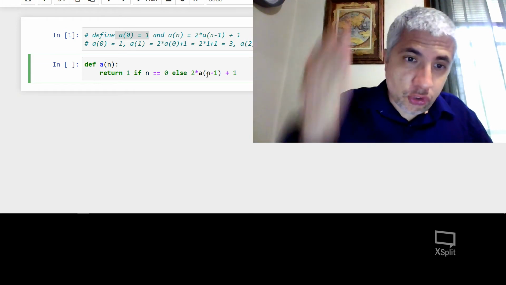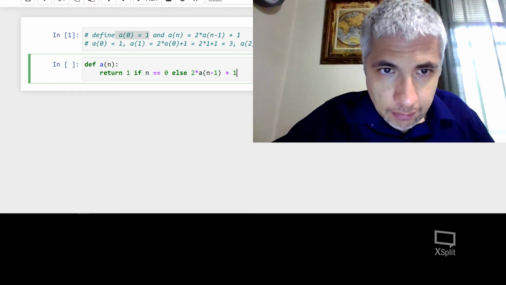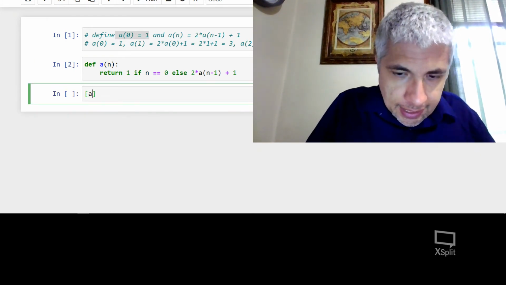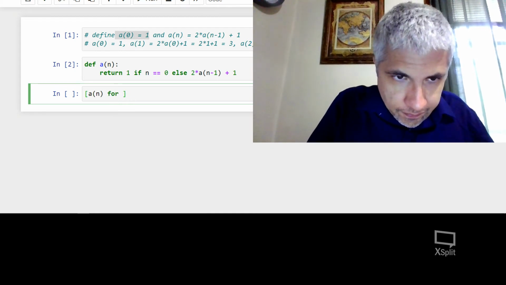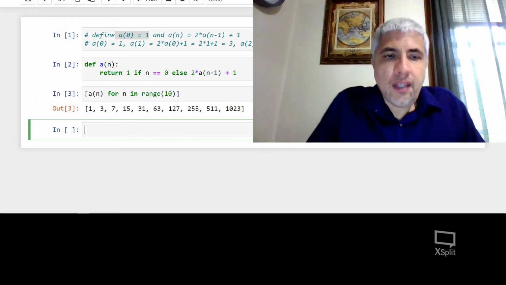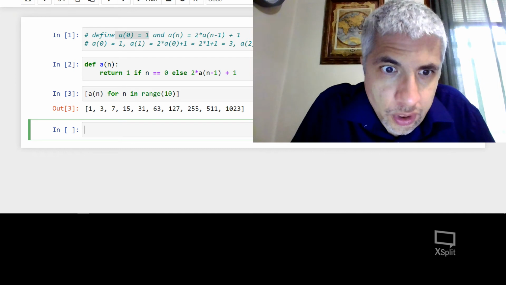As a matter of fact, I almost wrote this word for word. Okay, so now let's try this. Let's get the list of the first 10 values, starting with 0. So I get 1, 3, 7, 15, 31, 63, 127.